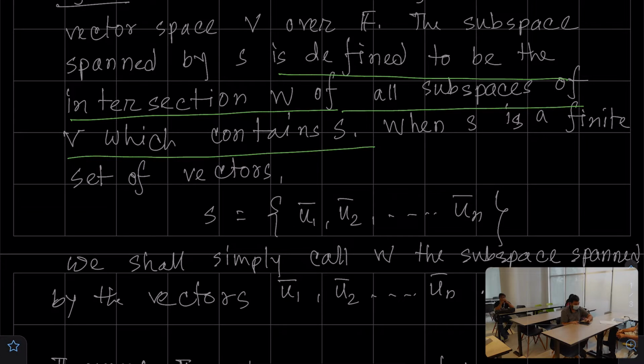That is the smallest vector space that contains the set S. So it is a way of constructing the minimal vector space containing that subset.